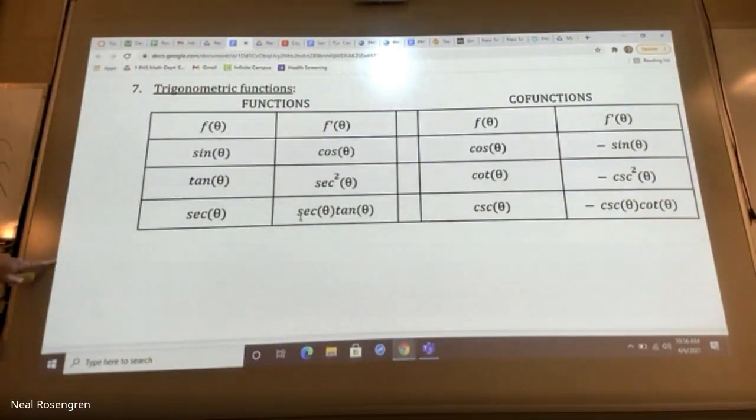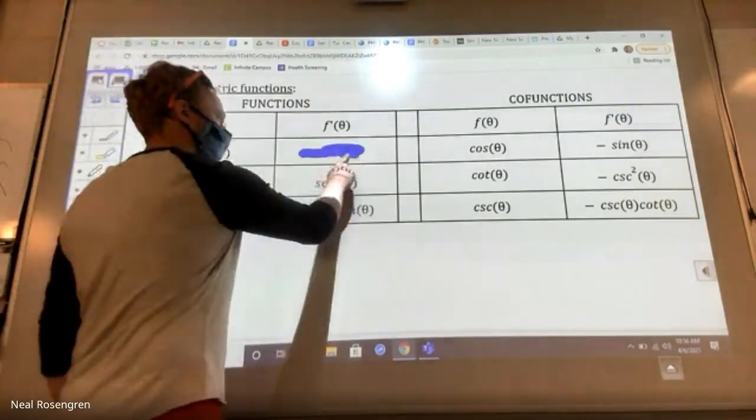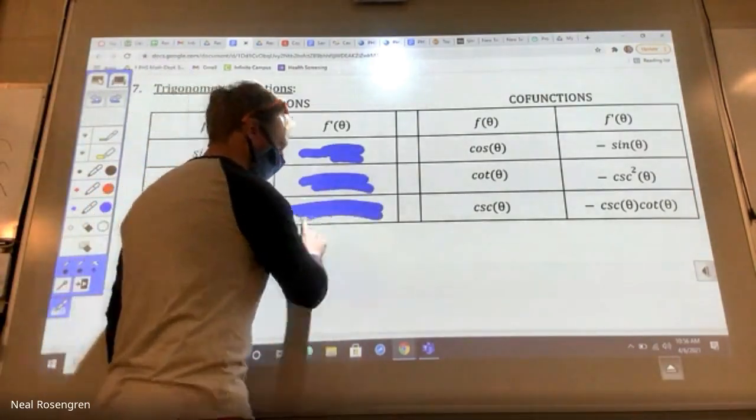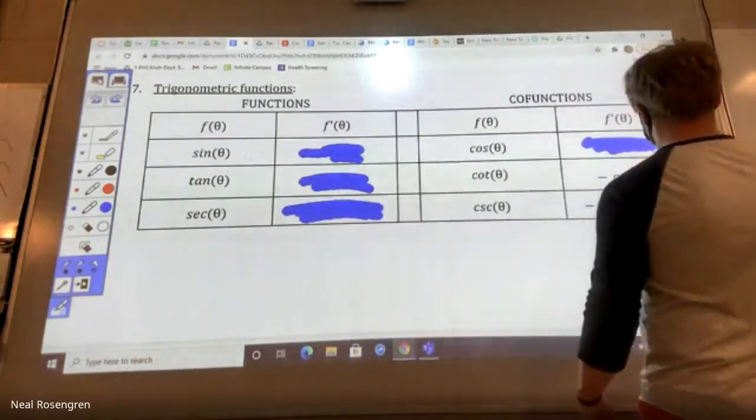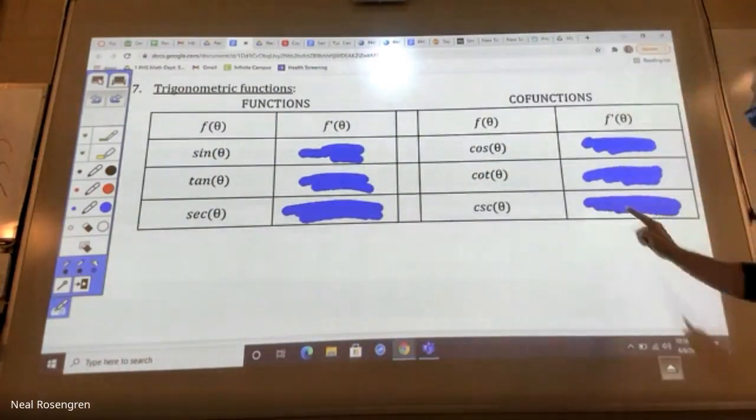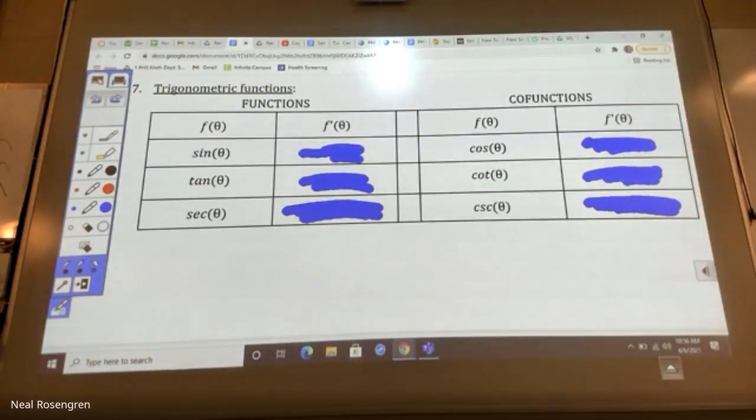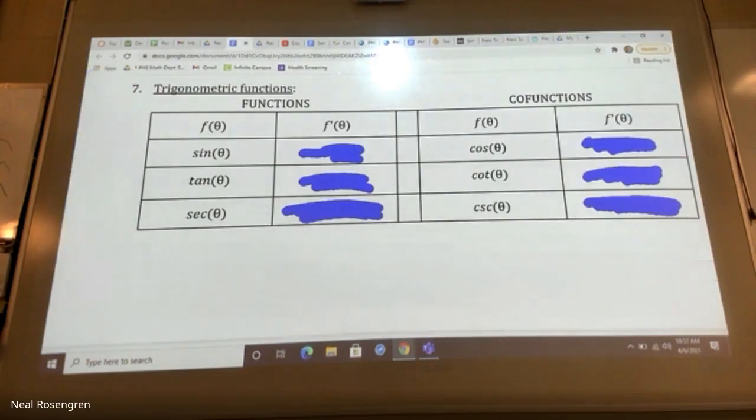Okay. Question number 1 on our quiz. Here's your trig function table. Not yet.